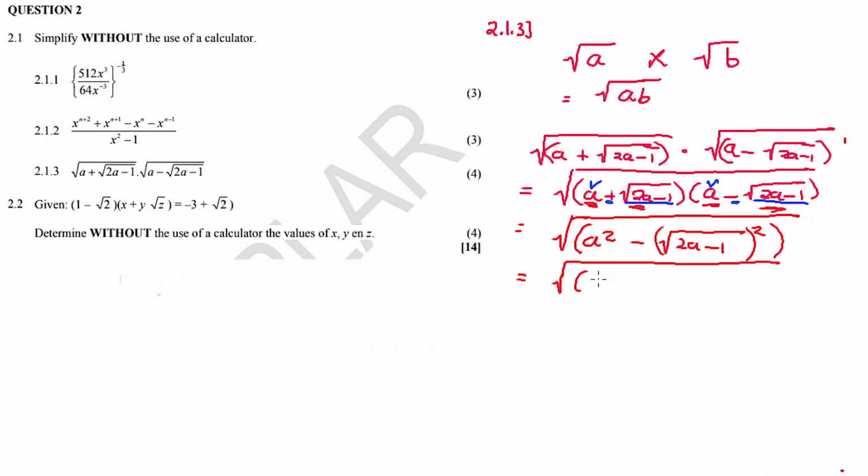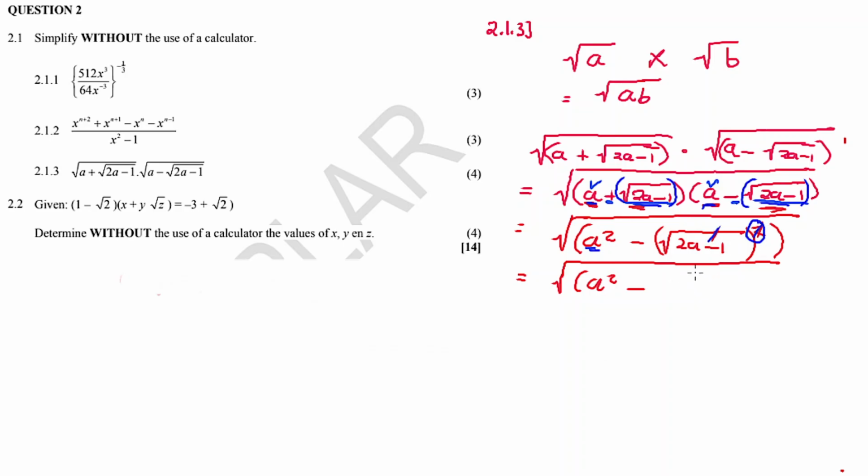So here, we're going to have a squared minus, then the square cancels the square root. You might be asking yourself why squared. It's because this being multiplied by that, it's actually squared, just like a times a is a squared. Because you are the same, you write the figure inside a bracket and say squared. The square cancels the root.